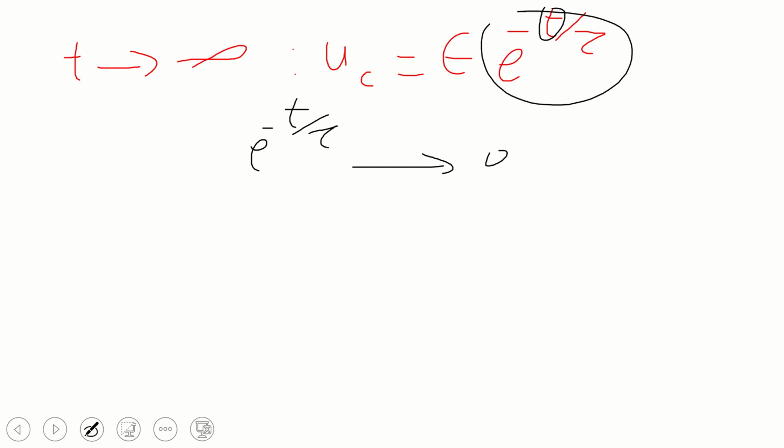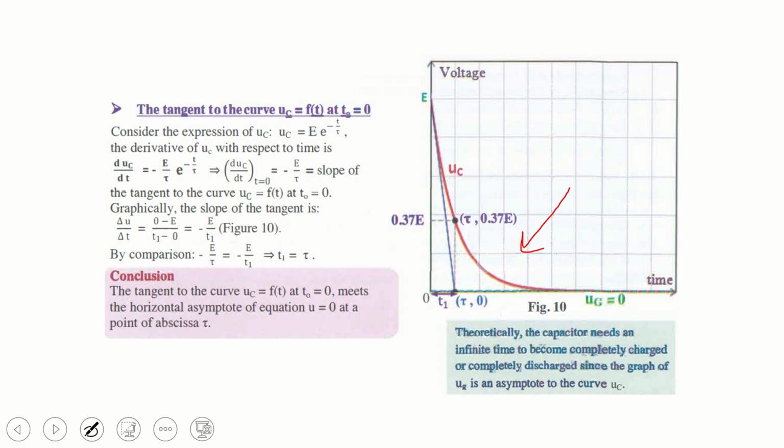So as this one tends to 0, UC also tends to 0. This is why the graph of UC as a function of time tends to 0, where UC equals 0 is the asymptote of UC as a function of time.